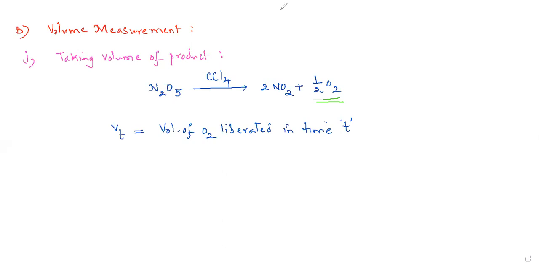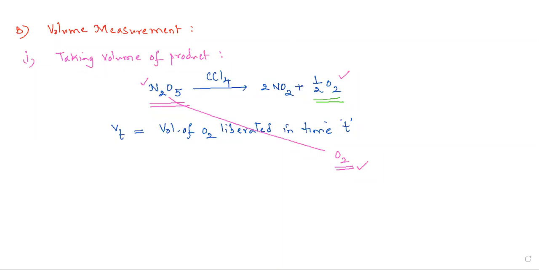Now, see, volume of oxygen liberated in a time t, can it be given as the volume of N2O5 that has reacted or decomposed? Isn't it? Because only when this N2O5 decomposes, you will get oxygen. So whatever N2O5 decomposes in time t, that is going to give you the volume of oxygen in time t.